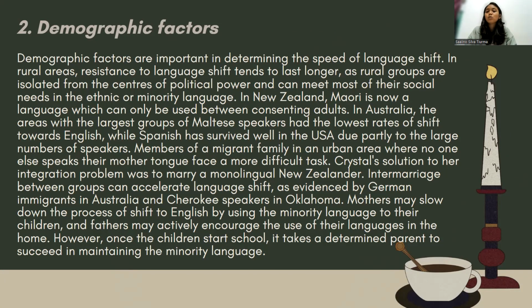For example, in New Zealand, Maori is now a language which can also be used between consenting adults, and in Australia, the areas with the largest groups of Maltese speakers had the lowest rates of shift toward English, while Spanish has survived well in the USA, due partly to the large numbers of speakers, etc.